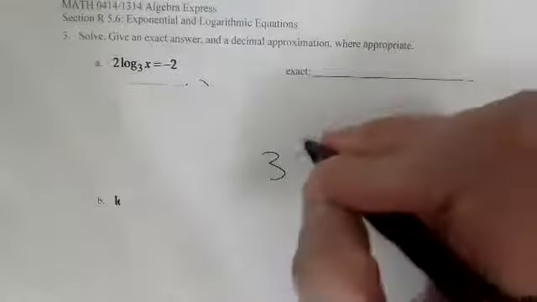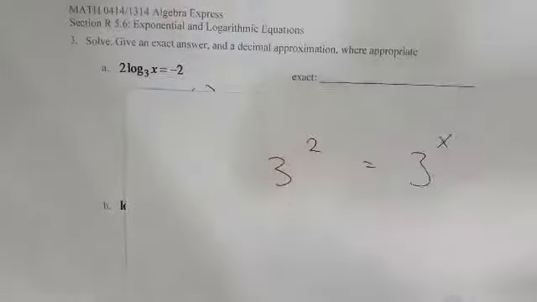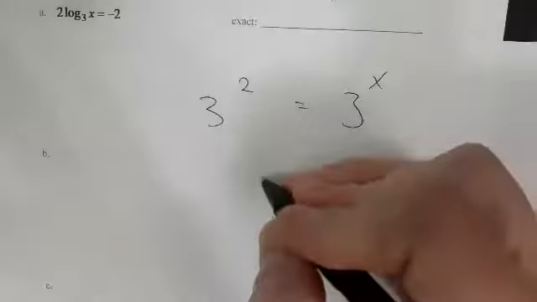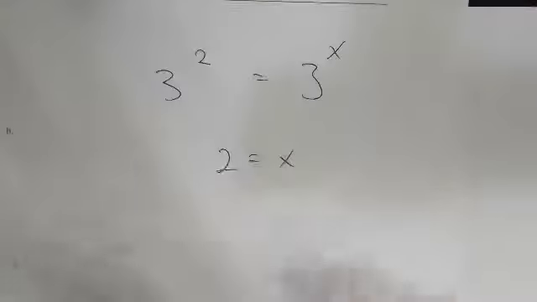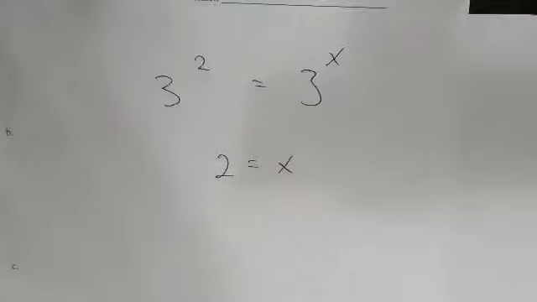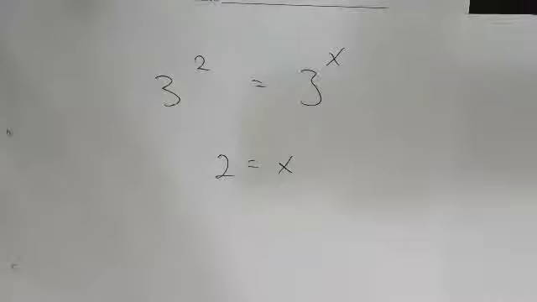But if I have, say, 3 squared and 3 to the x, what can I say here? I know that 2 would be equal to x. So if I have the same base and these two things are equal to each other, then I know their exponents also have to be equal to each other.